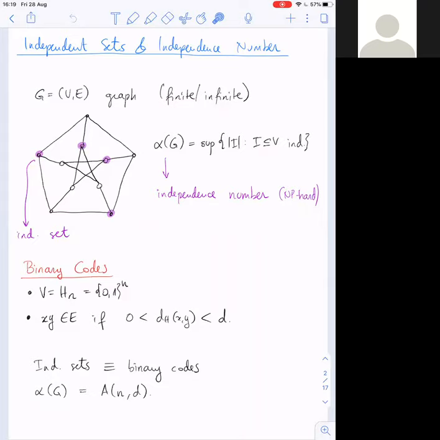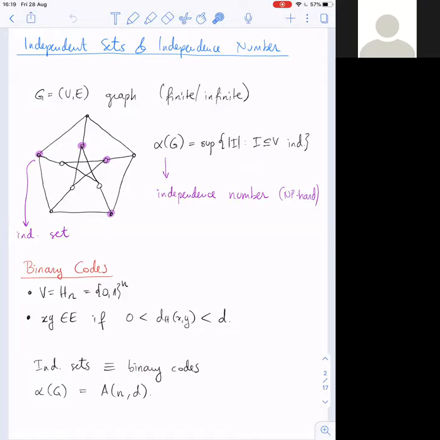And then you say that 2 strings are adjacent if the Hamming distance between them is greater than 0, because you don't want loops in your graph, and less than d, the minimum distance of the code that you want. And if you make this setup, then the independent sets of this graph correspond exactly to the binary codes of minimum distance d, right?